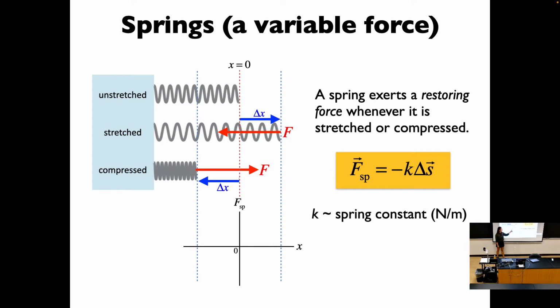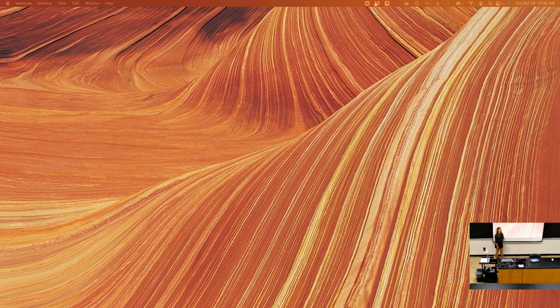And as you come in closer, it should get smaller and smaller because you're compressing it less and less. Once you get to here, if you go into the positive value, that means you have a negative force, okay? So it's linear and it looks like this, all right? Let's say we wanted to figure out the work done to compress the spring from here to here. What do we do? Oh boy.